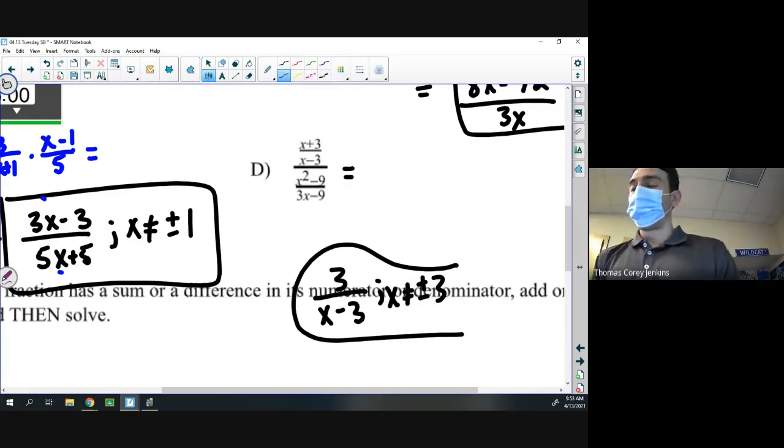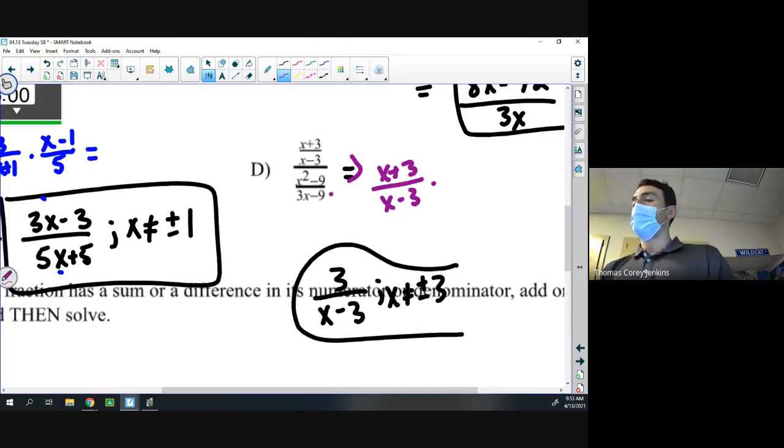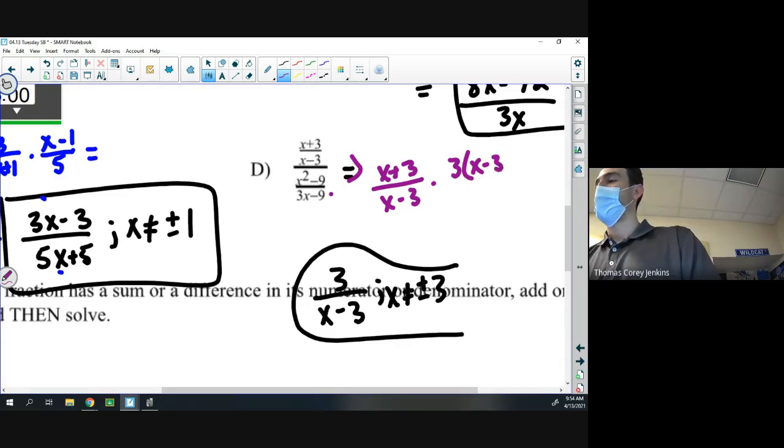All right, so I'm going to do a couple things in this step. First, I'm going to do same change flip, but I'm also going to factor anything that could be factored. So the same part would be the x plus 3 over x minus 3. Change it to multiplication, and then do the reciprocal, right? So this is going to be my numerator, and I'm going to factor out a 3. So I'm going to write that as 3 times the quantity x minus 3.